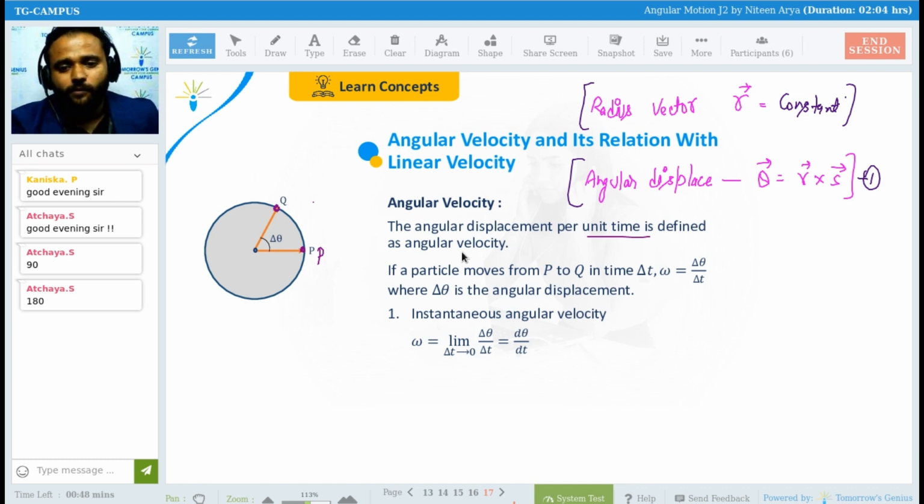If a particle moves from P to Q in del T time, then omega, which is angular velocity, is del theta upon del T. And instantaneous angular velocity, as the limit tends to 0, you can differentiate it: d theta upon dt. Doing this you can get the relation also, which we're going to get on the next page.